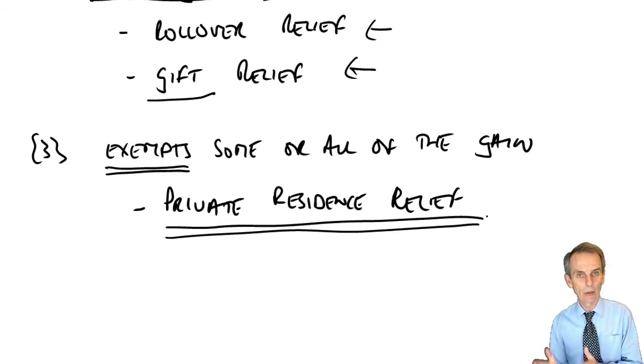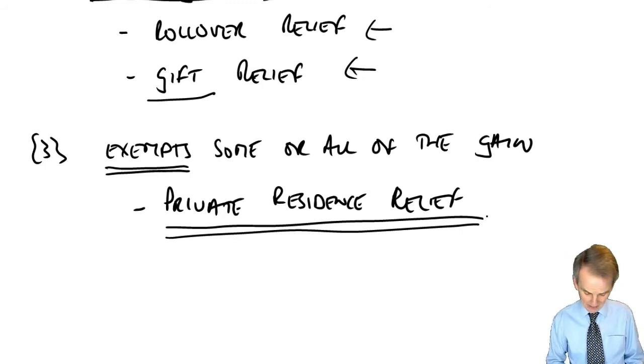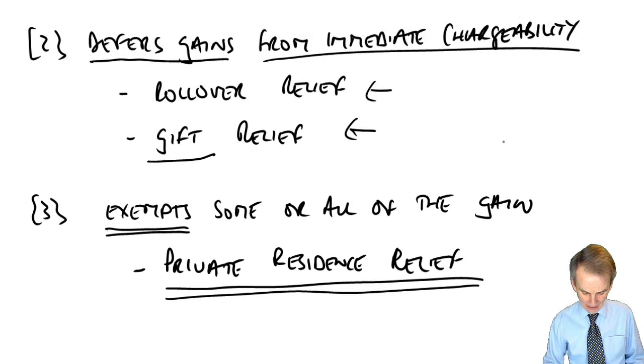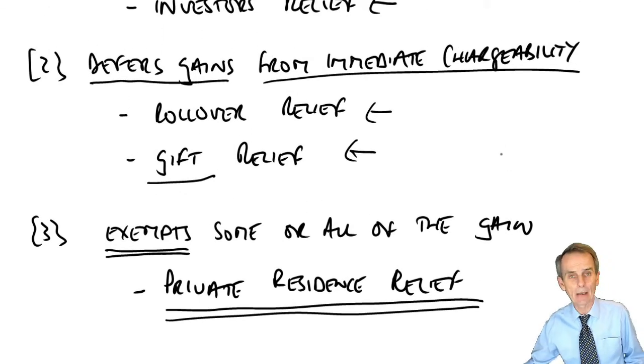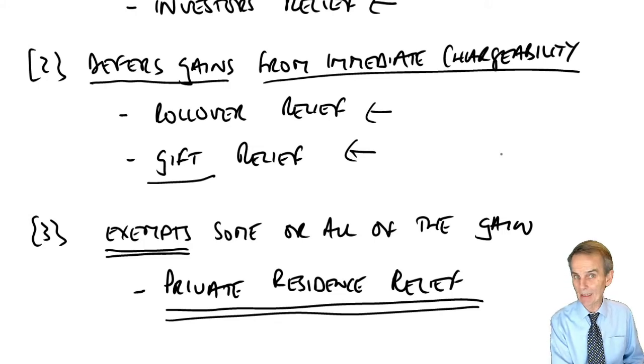And that will be tested. But to the extent that it is available, this is an exemption. That amount of the gain will not be charged at all. Now, that's as good as it gets. So far as any taxpayer is concerned, we have an exemption. So you're not going to pay any tax, and neither is anybody else in relation to your gain being deferred.